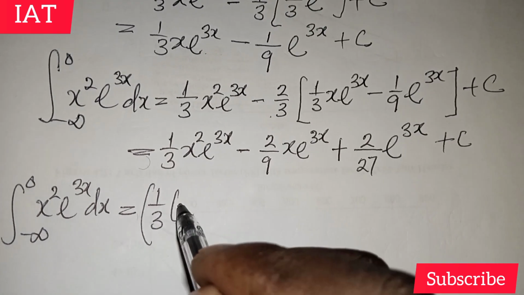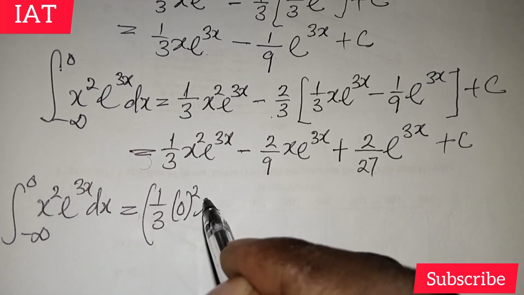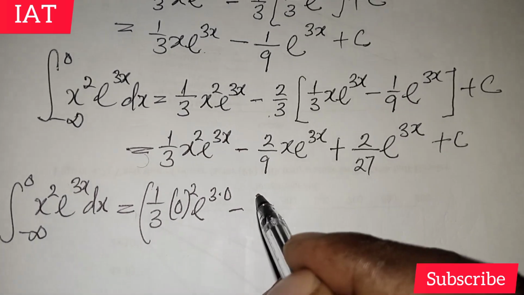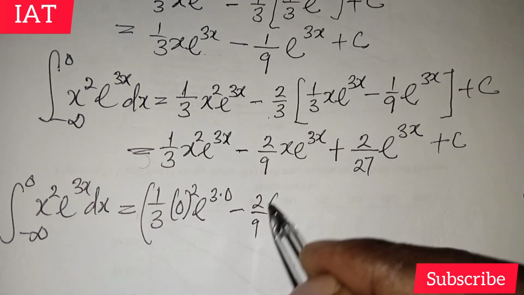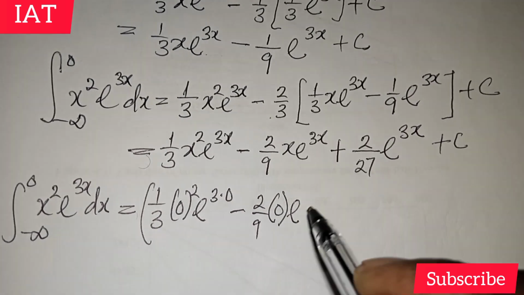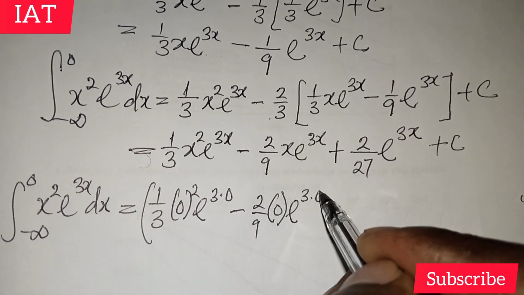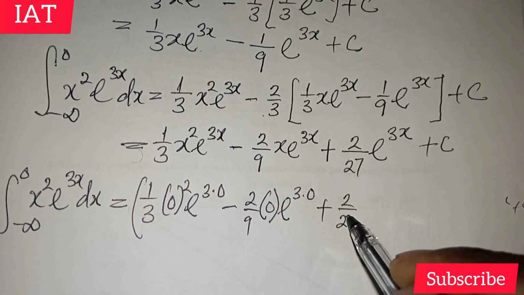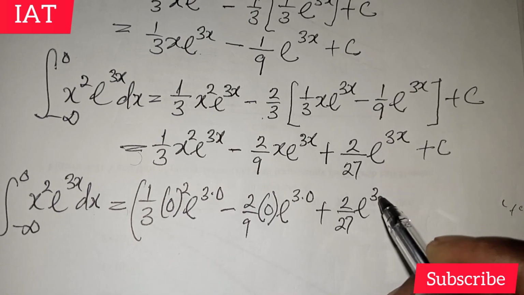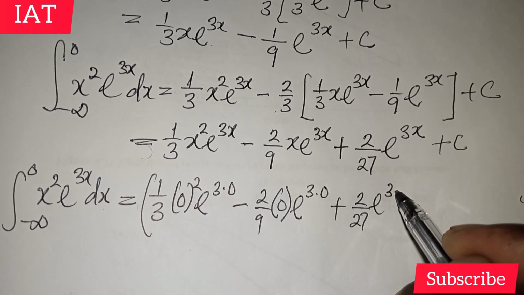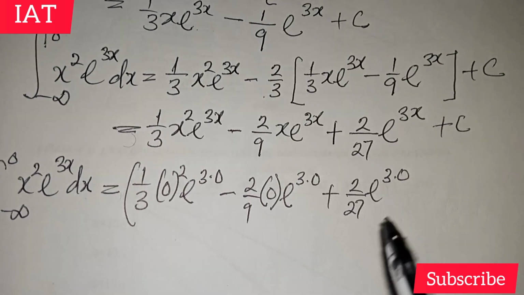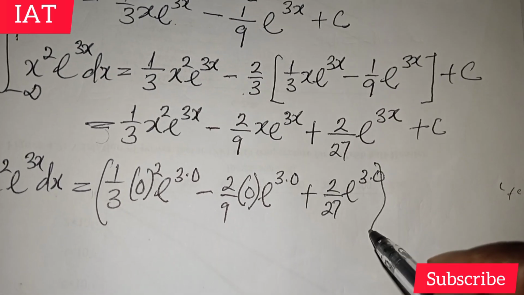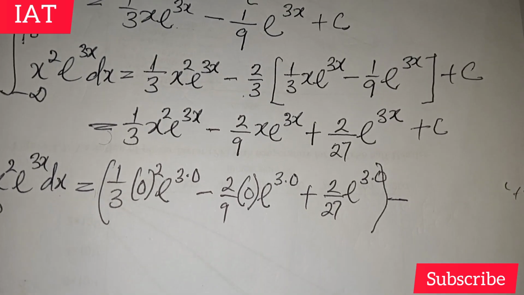Anywhere we see x, we have to replace it with 0 exponential 3 multiplied by 0 minus 2 over 9 into 0 exponential 3 multiplied by 0 plus 2 over 27 exponential 3 multiplies 0. Alright, that's what we have here. And then we close this section minus.